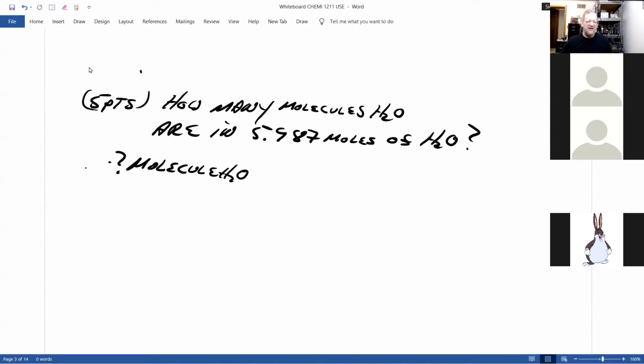What are we given? We're given 5.987 moles of water. And it's time to figure out, what do we do? Well, this is the only number we have to start with, so I will. And don't forget to put the units down.